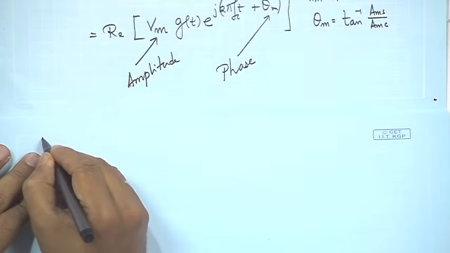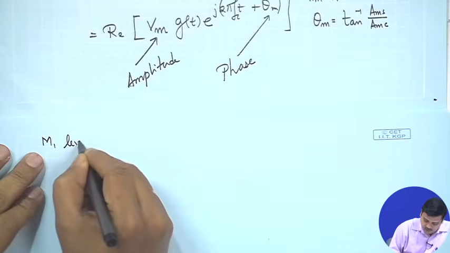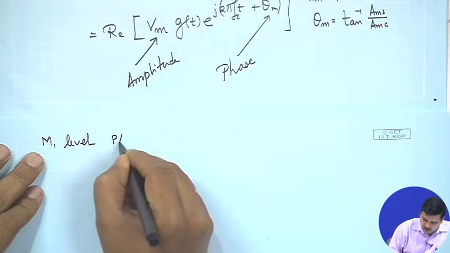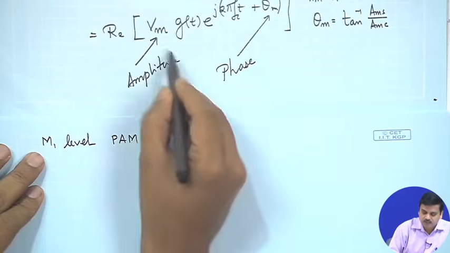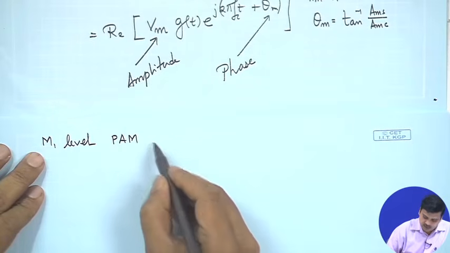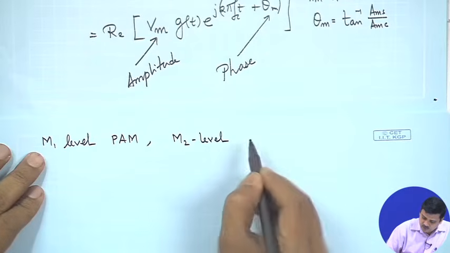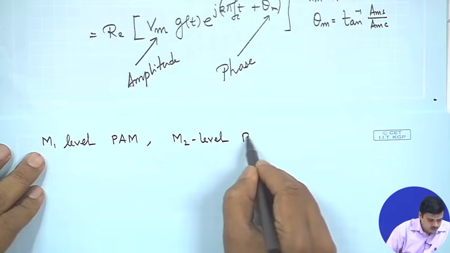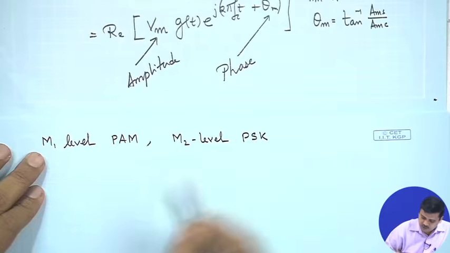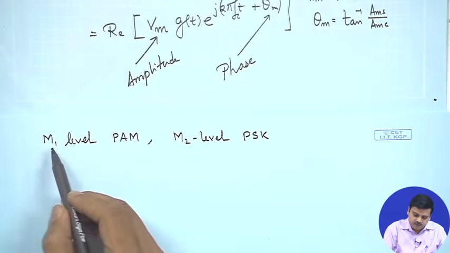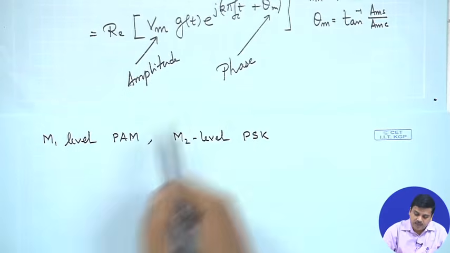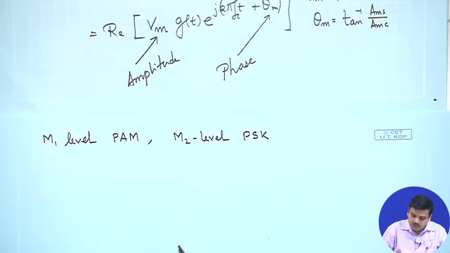So we can think of quadrature amplitude modulation as M1-level pulse amplitude modulation combined with M2-level phase shift keying. So I could give M1 levels of amplitude, and I could combine M2 levels of phase.